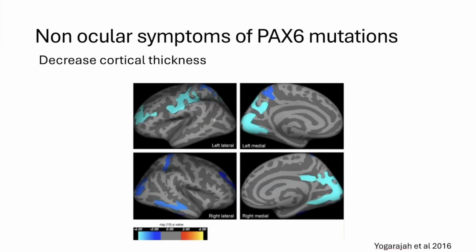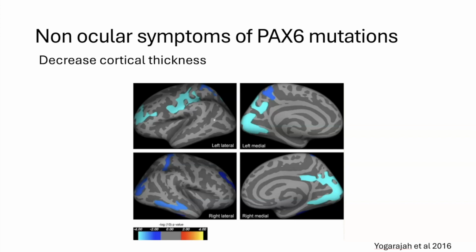Another brain symptom that we see is a decrease in cortical thickness. The cerebral cortex, which I talked about earlier, is the top part of the brain. If we measure the thickness between control and patients, we see that this region of the brain is slightly thinner in the patients, and it's not very region specific.